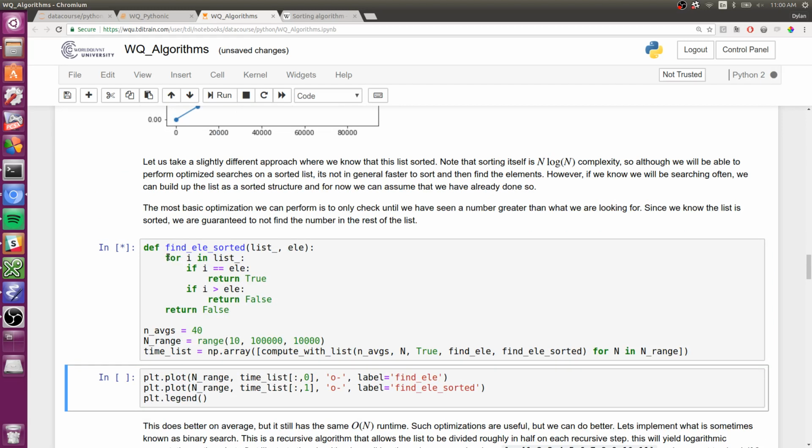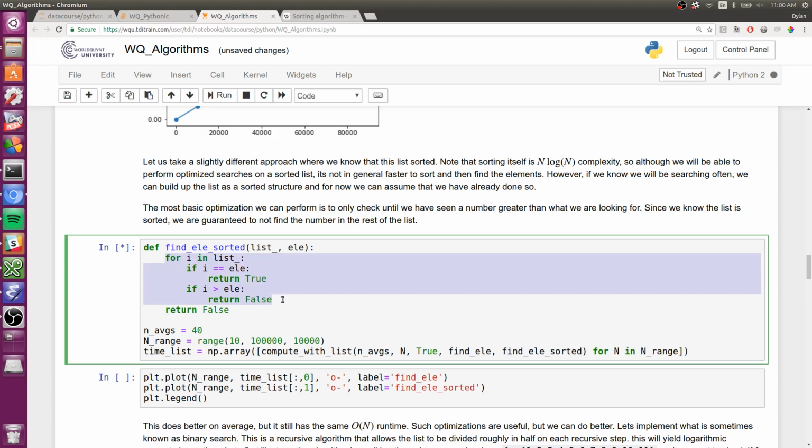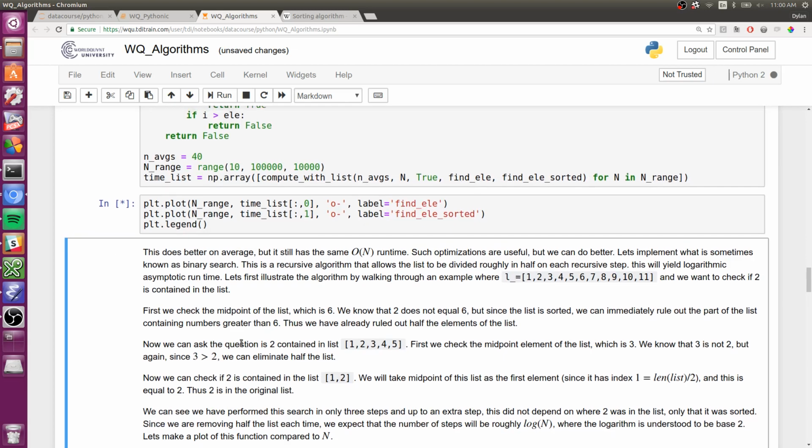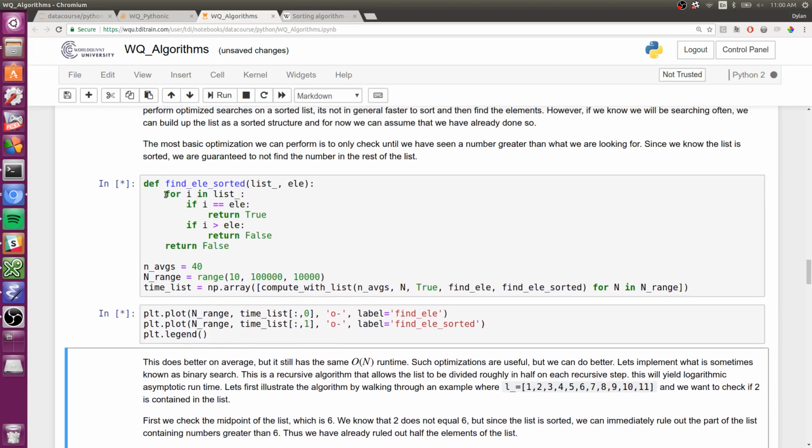So this looks exactly like what we had before. We're iterating over the list and checking if that element of the list is what we're looking for. But now we have an early stopping mechanism if the element is larger than what we're looking for. So now I'm benchmarking this new version with this optimization.